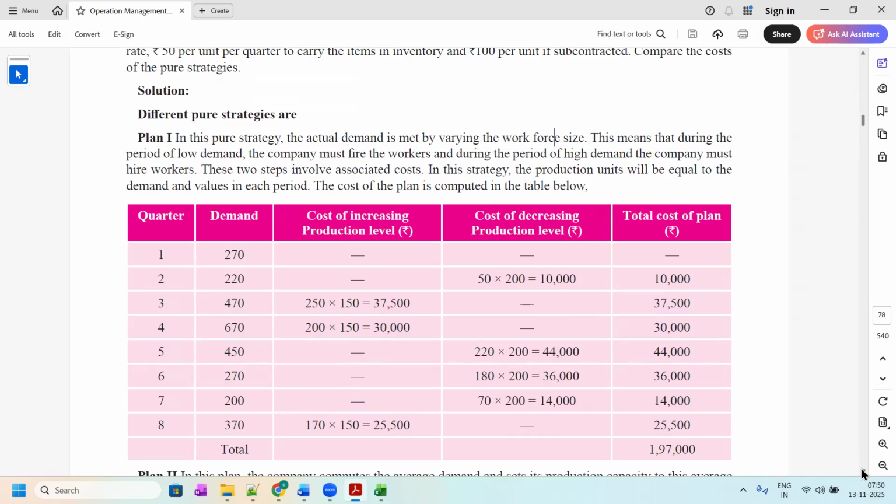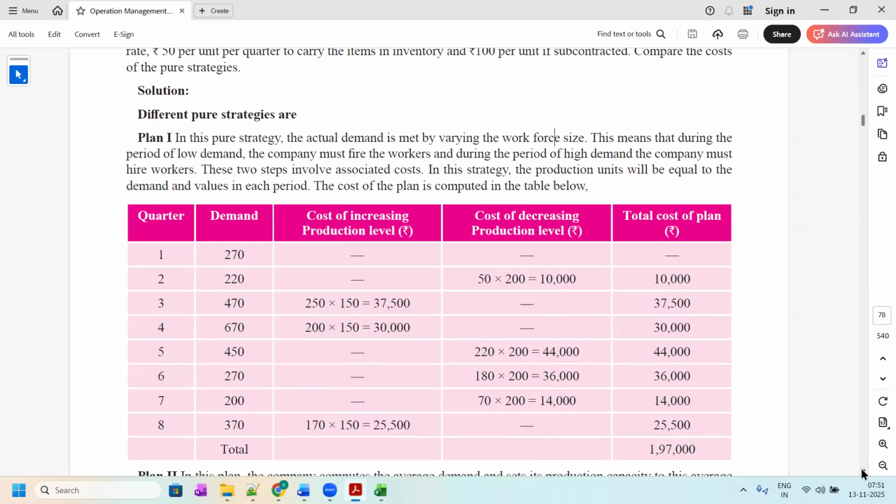This means that during a period of low demand, the company must fire workers, and during a period of high demand, the company should hire more workers, which we call subcontracting. These two steps involve associated costs. In this strategy, the production will be equal to the demand in each period.